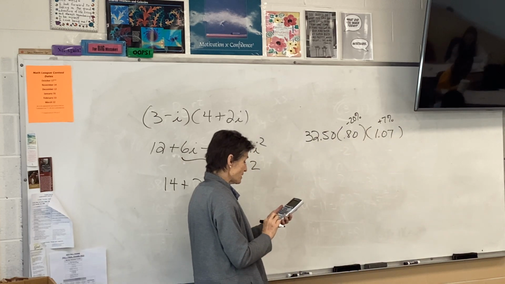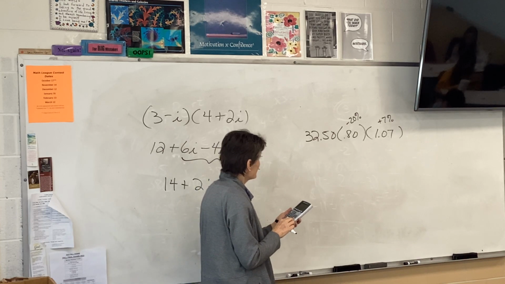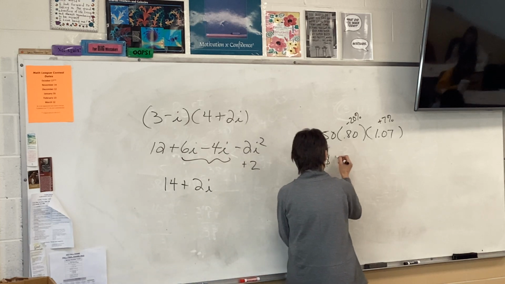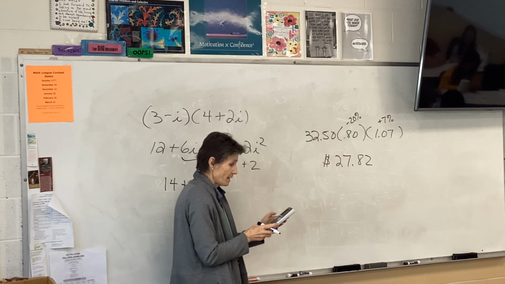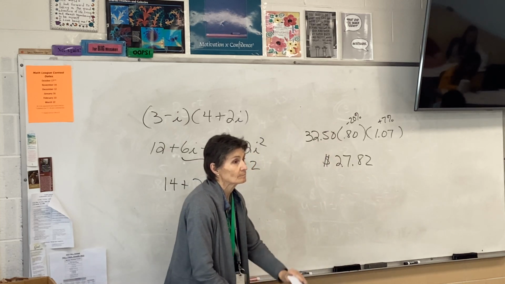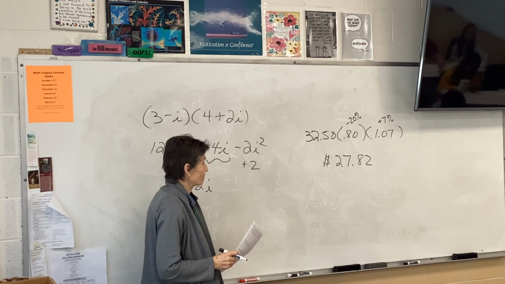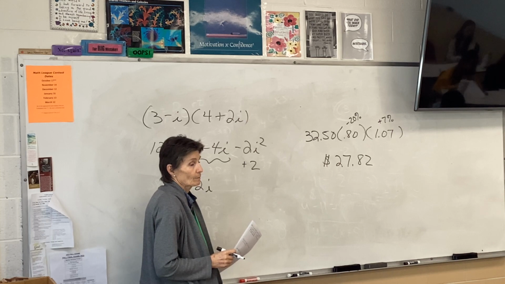So 32.5 times 0.8 times 1.07. It looks like that thing is going to cost me $27.82. Right?